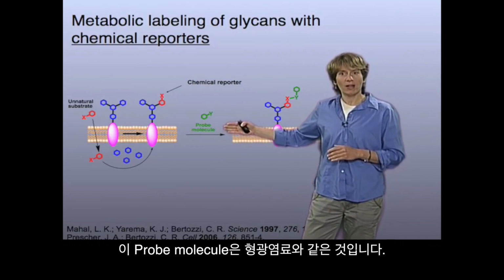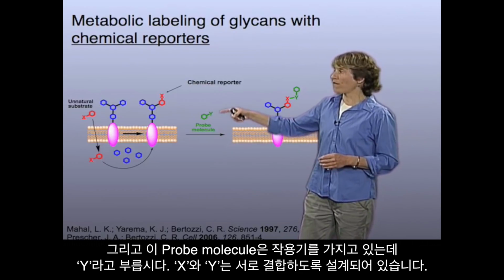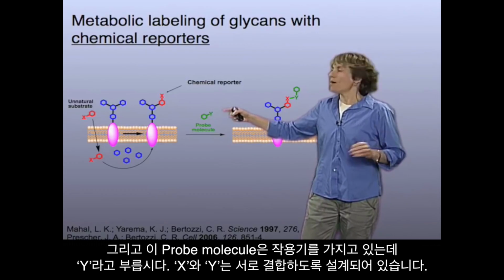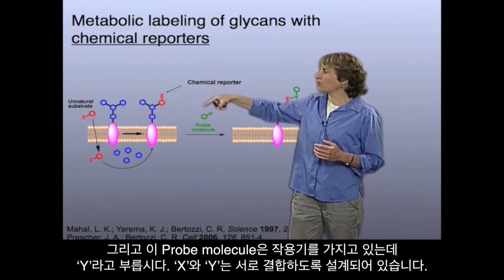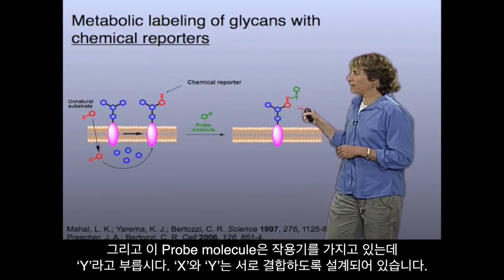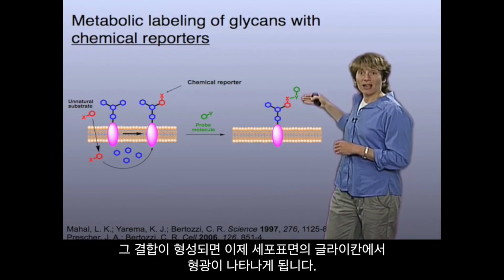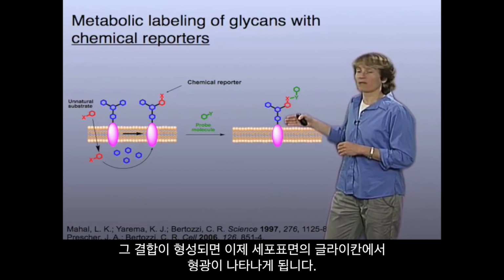Now, the probe is a fluorescent dye, for example, and that probe has its own chemical functional group. Let's call it Y, just as a generic label. But X and Y have to be designed so they react with each other to form a bond. And once that bond is formed, now there's a fluorescent probe molecule bound to a cell surface glycan.